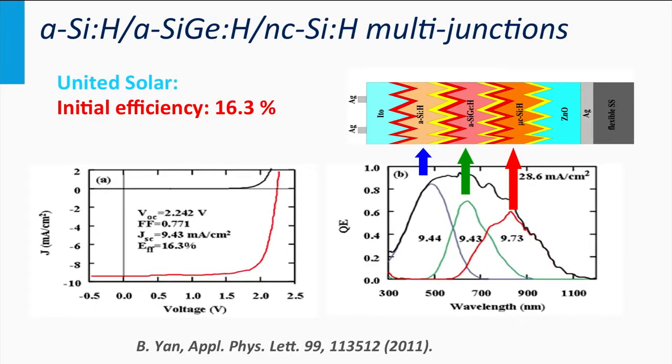In this figure you see the EQE of the three pin junctions of a record triple junction of United Solar. As you can see, the individual cells have various overlaps. They don't look like the block functions as we have seen for the 3.5 technologies. The light with wavelengths below 450 nanometers is utilized by the top cell only.